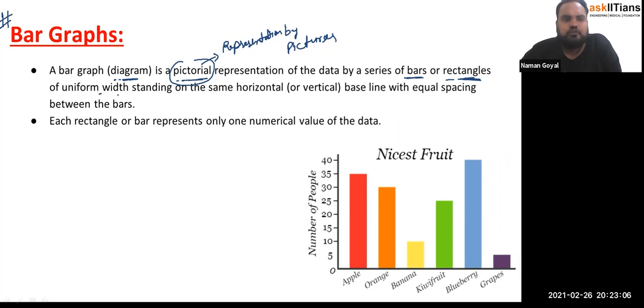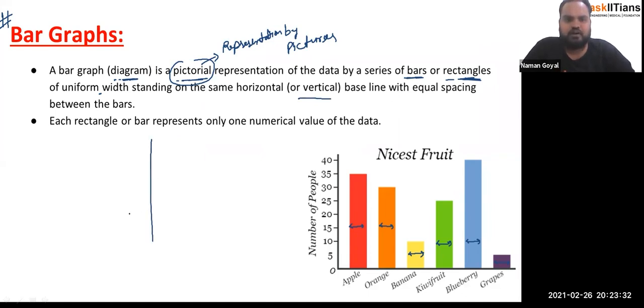Of uniform width. The width should be uniform. If you use a proper graph paper, then you have to draw bars with a uniform width. Height can be different, it depends upon the data, but the width of the bars in the bar graph is fixed. Standing on a horizontal line or a vertical line.